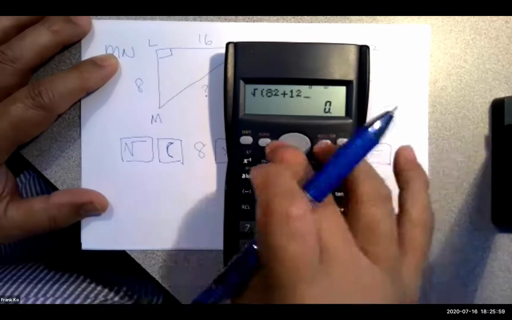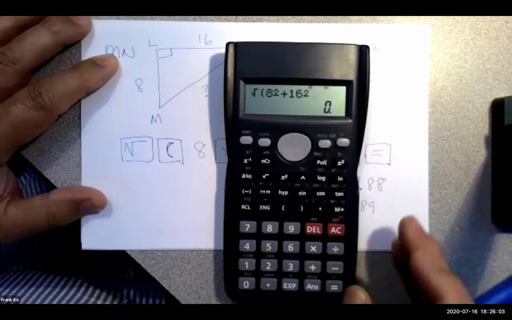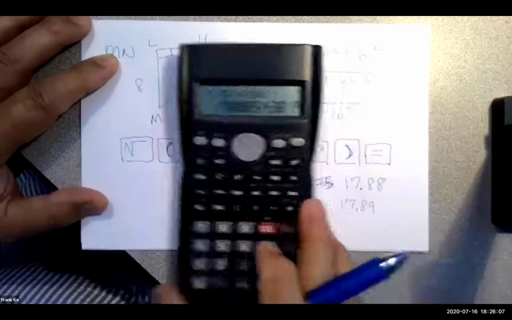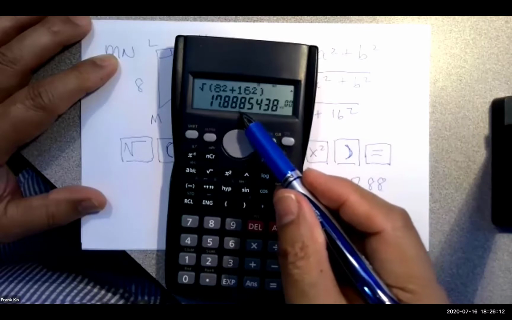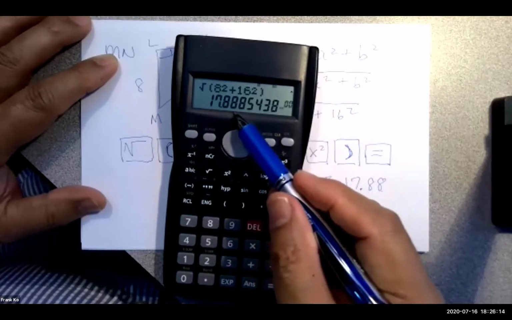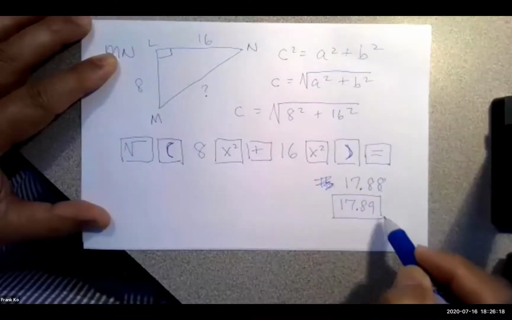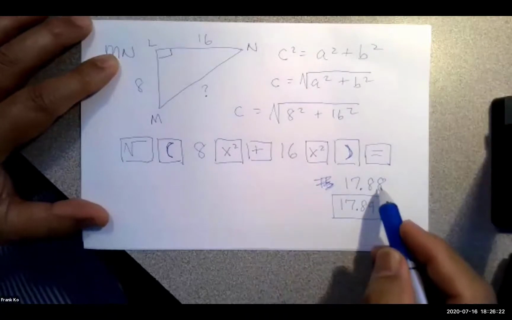Oops, messed up. 16 x squared, and then close parentheses and engineering. And yes, that third 8 makes this a 17.89. So definitely watch that. You don't want to be making that kind of mistake on the forthcoming test, okay? Because our standard is to the 100th.